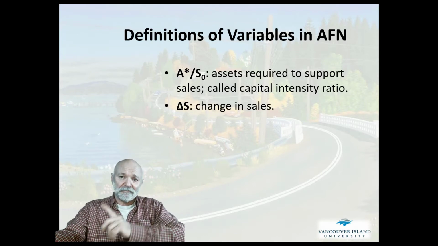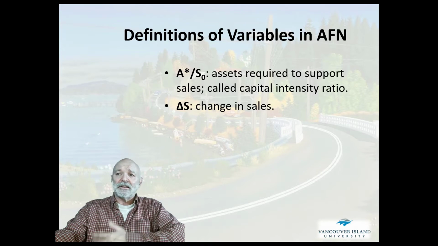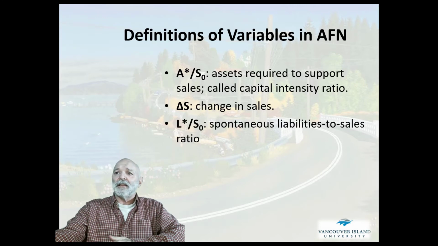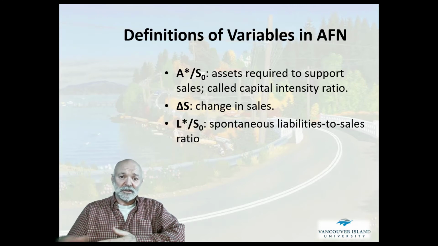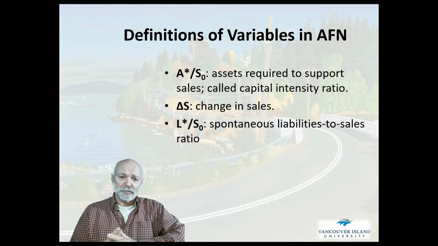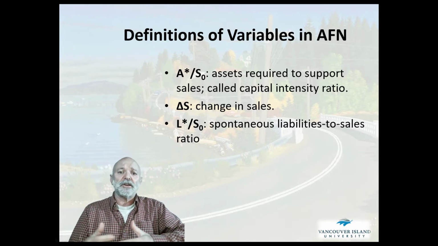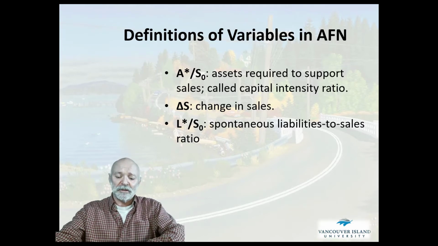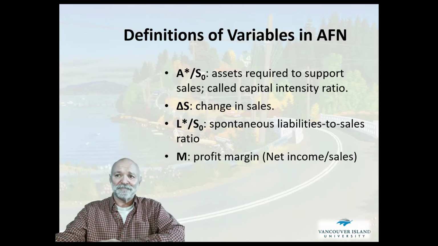Delta S, that triangle delta, is the change in sales from one year to the next in dollar terms or in percentage terms. The liabilities to sales, remember we talked about spontaneous liabilities. Those are the accounts payables and the accruals. And here, L star over S sub 0 is that liabilities to sales ratio.